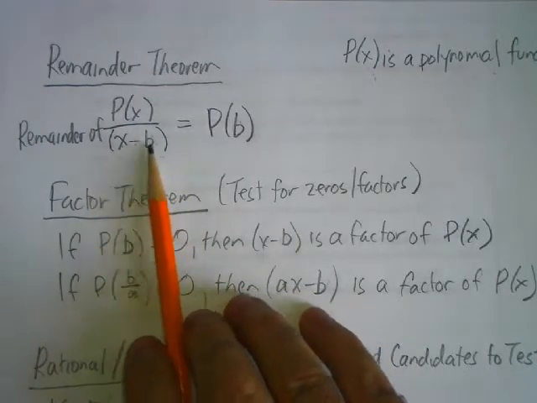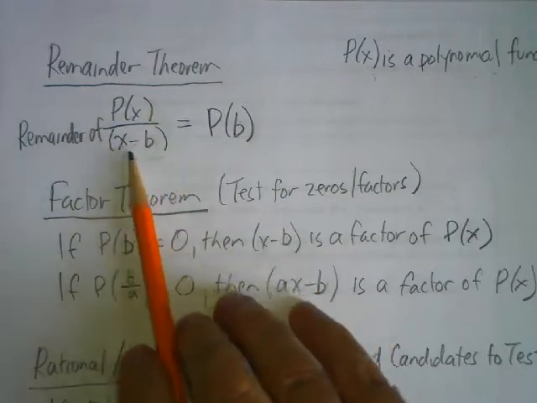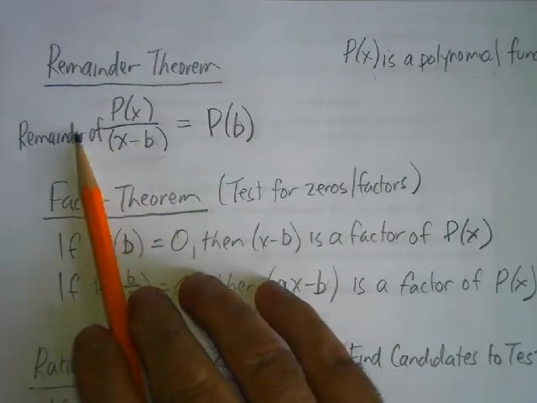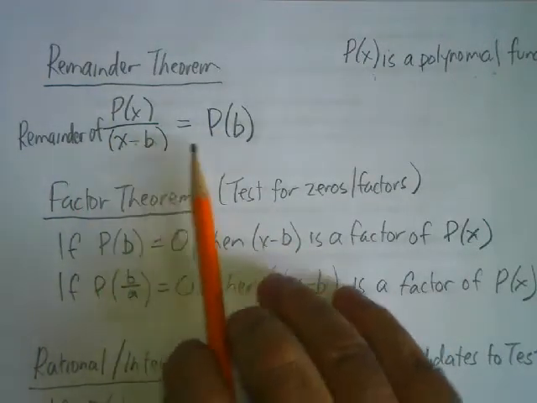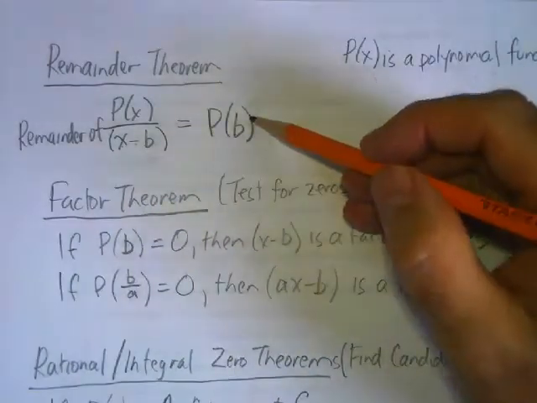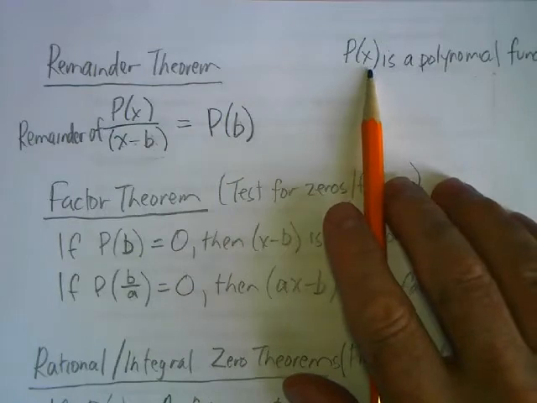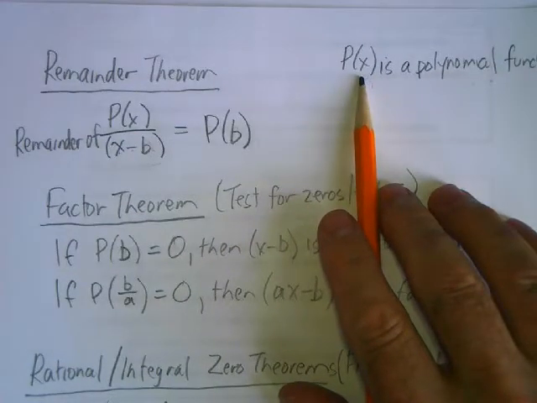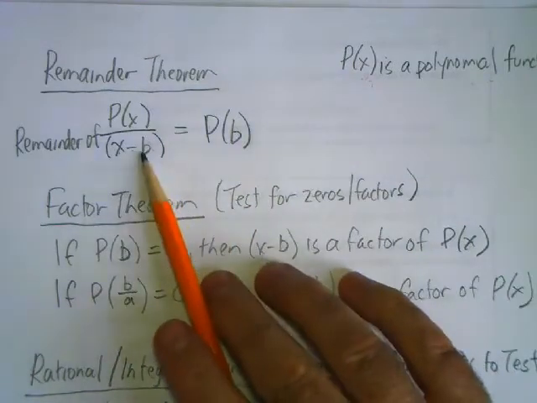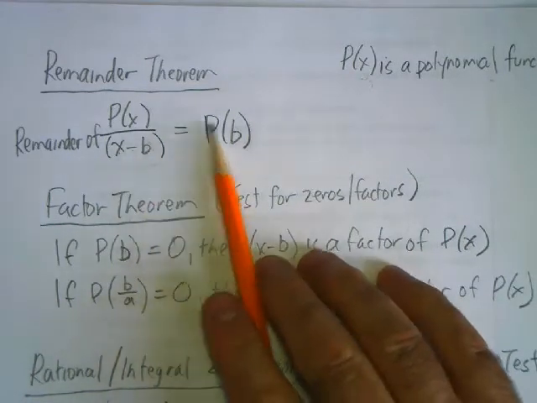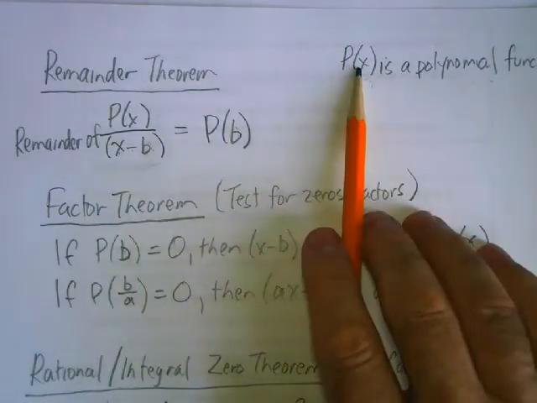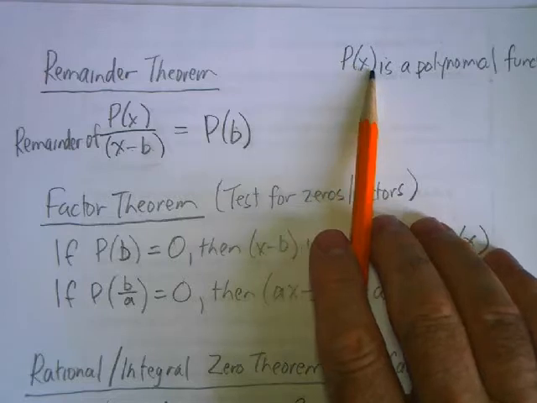So, for example, whatever I get when I do this division, if I find the remainder, I can actually get that very quickly by just plugging in the value of b back into the polynomial equation. So if all I'm looking for is the remainder and I don't care about the rest, the quotient, all I have to do is plug in whatever value of b is into the original polynomial equation, and the result will be the remainder.